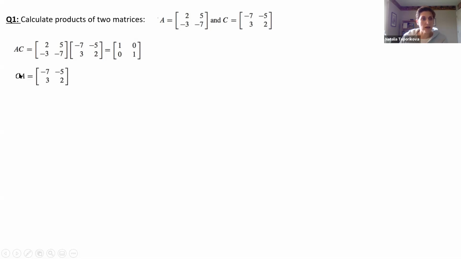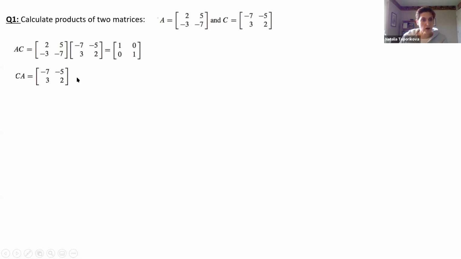Okay, that's really nice. Let's now take the reverse multiplication. We'll multiply matrix C by A. From the previous chapter, we know that matrices are not commutative, so the result of the product, if we reverse direction, is not always the same.